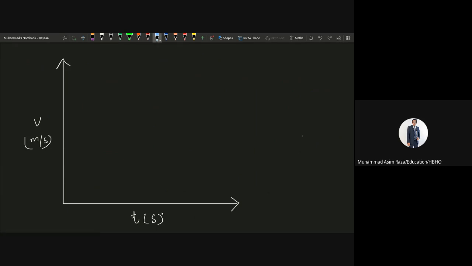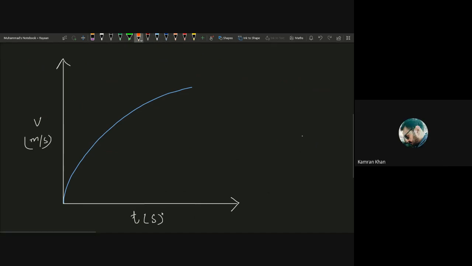Instead, I will make some curves, for example, like this one. Although it is a downward curve, do you think that velocity is increasing or decreasing? Sir, it's increasing at the beginning. It is increasing. Yeah, exactly. How will we write it down?